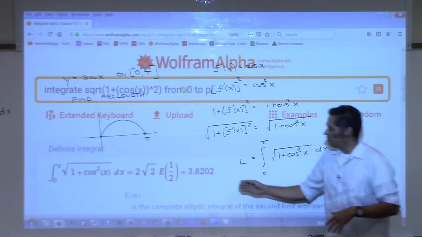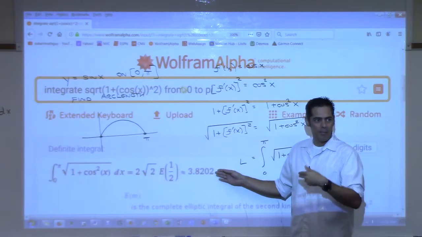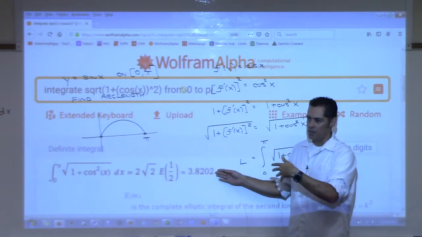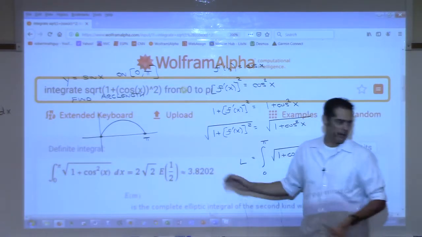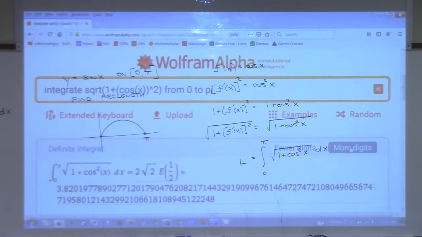So this answer might only be accurate to the first 4 decimal places. But if we ask Wolfram Alpha to go out further, I'm sure it's smart enough to do it. Oh, more digits? It's even better. So they'll give you more precision here. Is that enough?